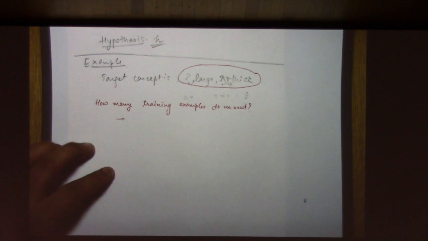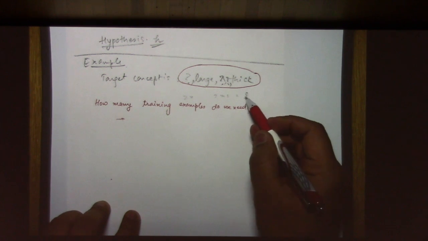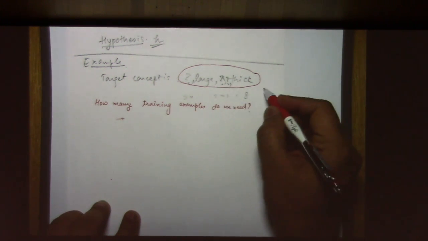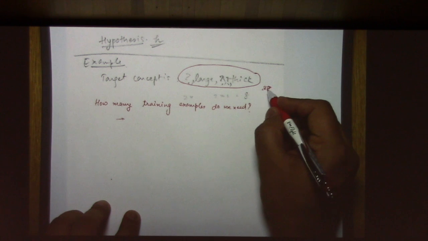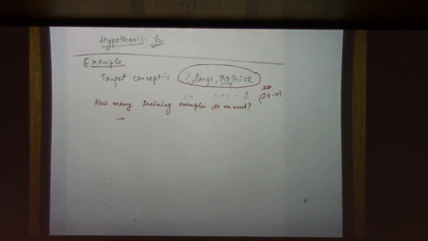The answer is that it doesn't matter how many negative examples you take, because the algorithm ignores them. If you remember the algorithm, it doesn't look at negative training examples at all. So it could be all of the negative examples. In this case, there are 8 positive, so there will be 24 negative examples. In your training data set, you could have all of those 24 examples, and the algorithm would still give you the same answer.